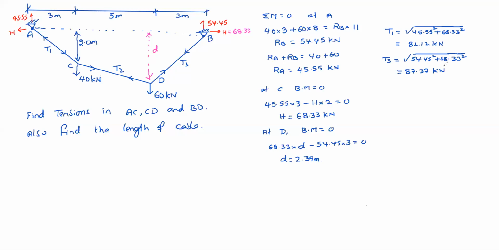To find T2, you can go for the method of joints, at C or at D. Suppose you take joint C. At C, sigma H equal to 0, so the horizontal component should be balanced, right? The cable is like this.